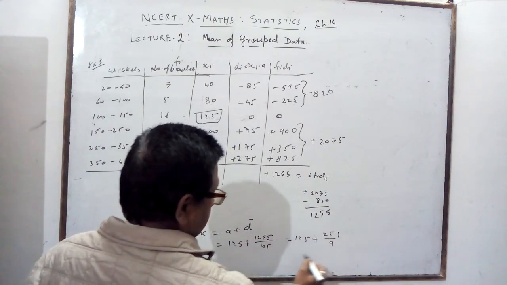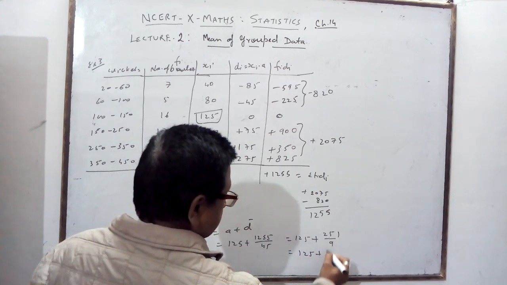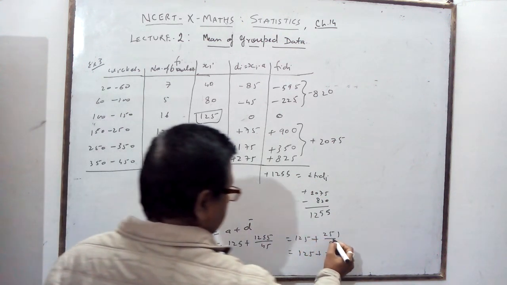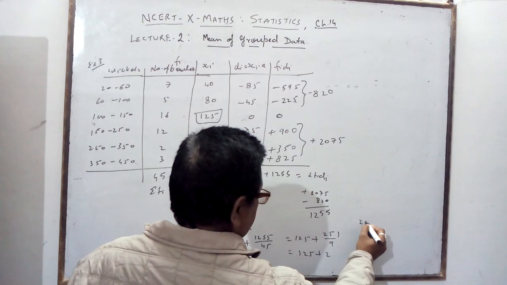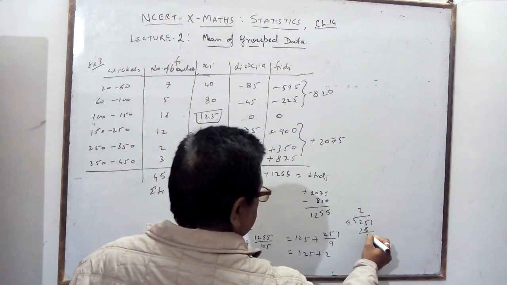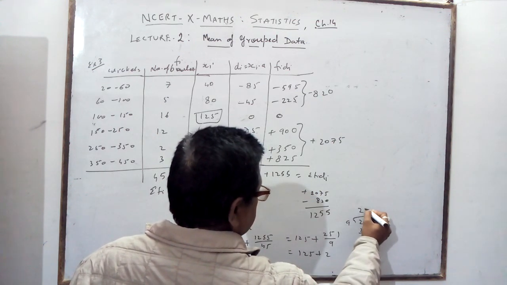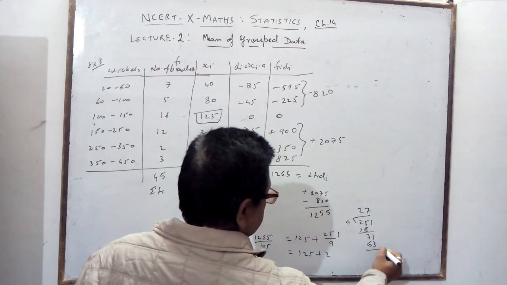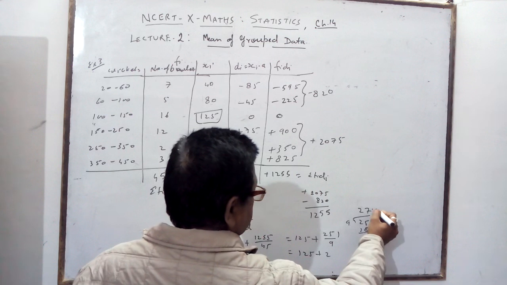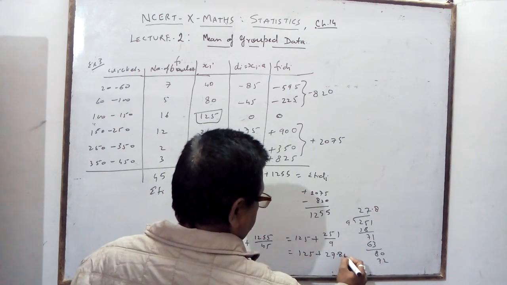Now 125 plus, 9 to the 18, 7, 251 divided by 9, 27.88.